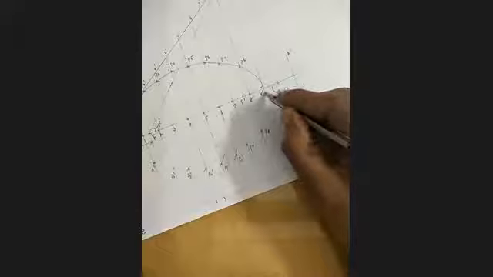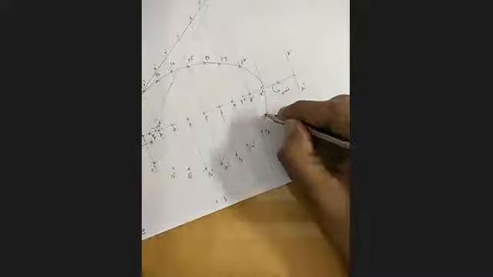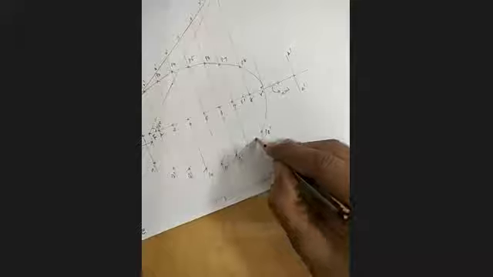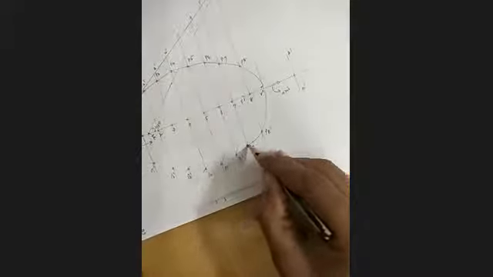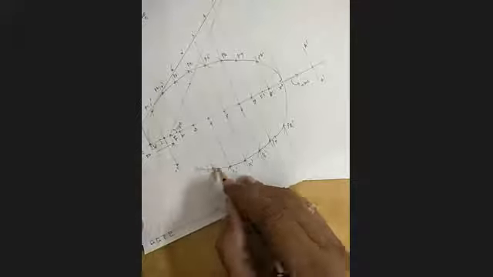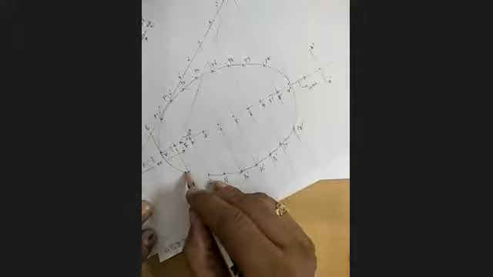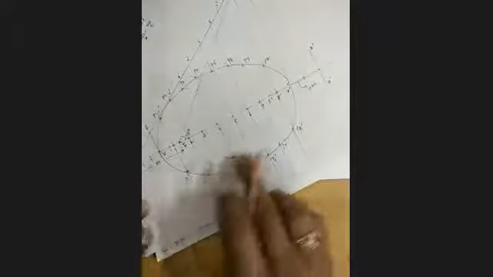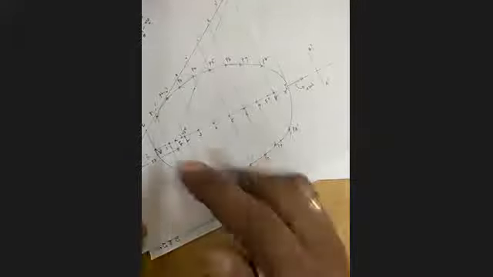Again, start from B dash to 8, 7, 6, 5, 4, 3, 2, 1. Once you get the figure, you have to dark it.